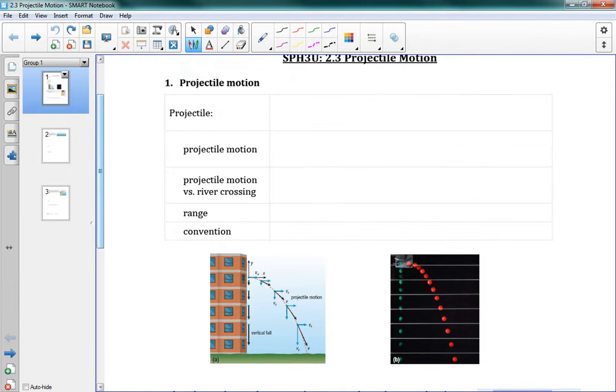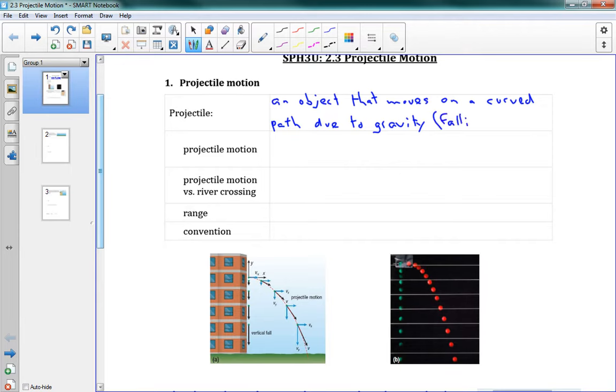So a projectile is an object that moves on a curved path due to gravity, and basically is falling towards the ground as it moves.